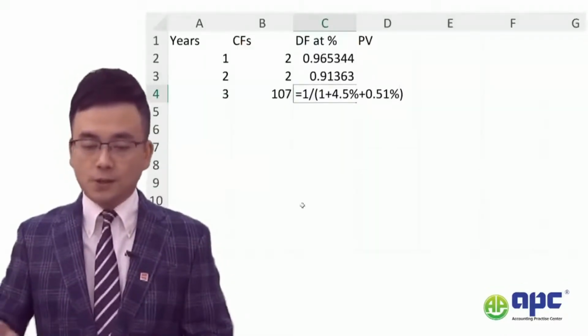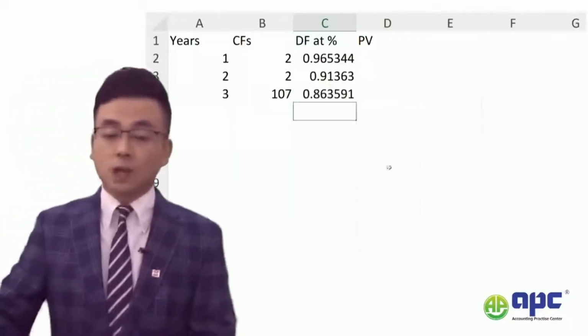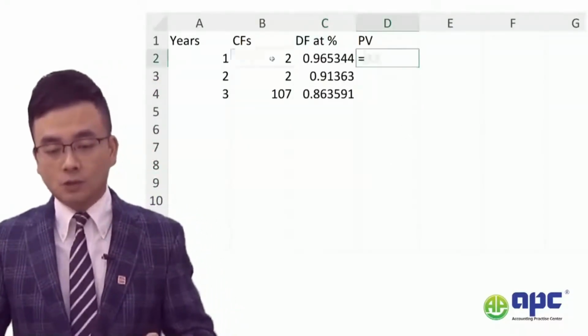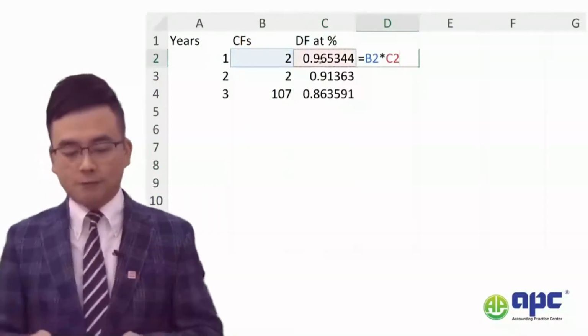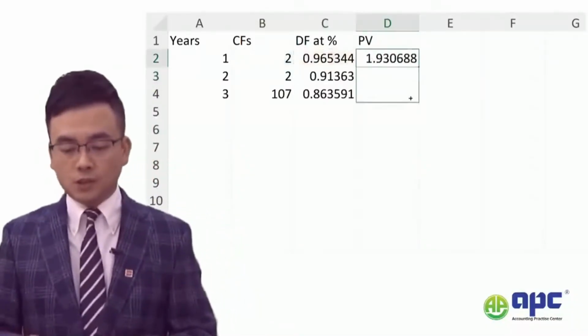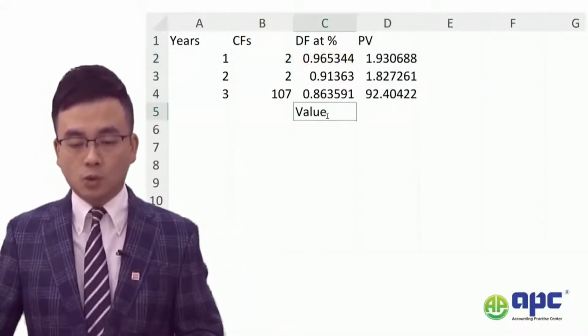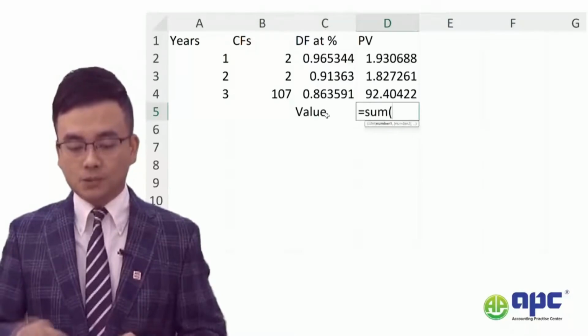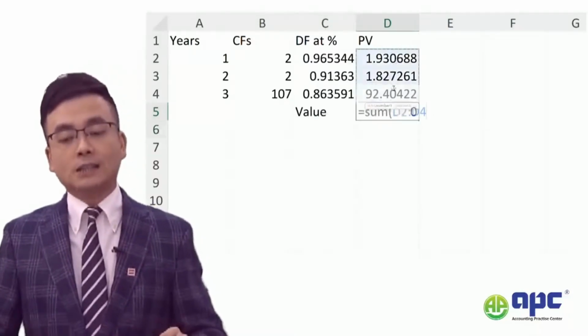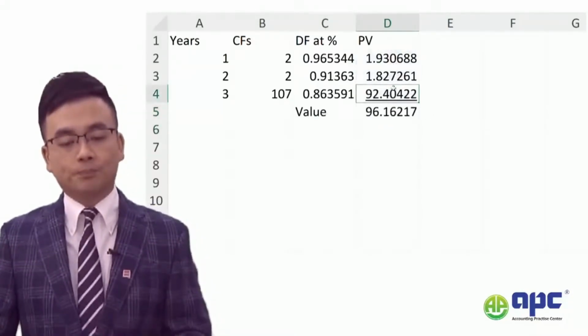So the present value equals cash flows times the discount factor, drag it here. And therefore, the value of each loan note will simply be the sum of all of the above, and that becomes $96. And this is the answer that we are looking for.